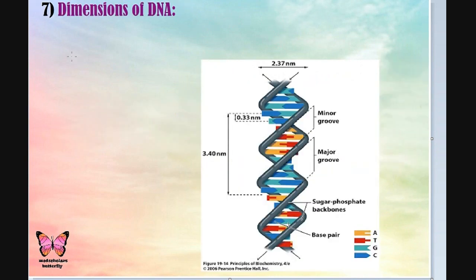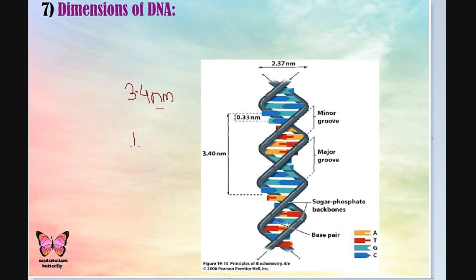Dimensions of DNA involves the various measures of DNA strands. The distance of one complete turn is 3.4 nanometers. It is so small, measured in nanometers, not even in meters.